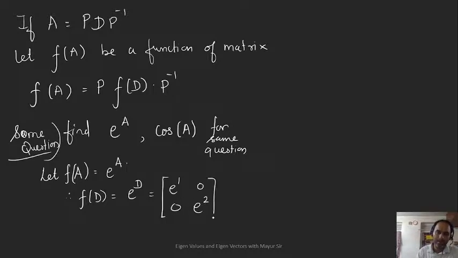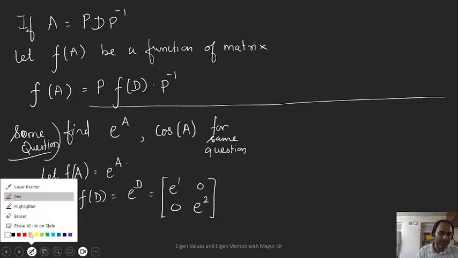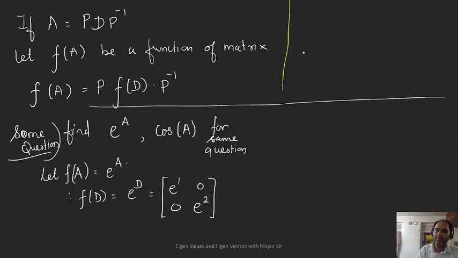Okay, so I'll give you a note over here, then it would be better for you people to understand what f of D is. Like f of D is f of lambda 1, f of lambda 2, dot dot dot, f of lambda n.